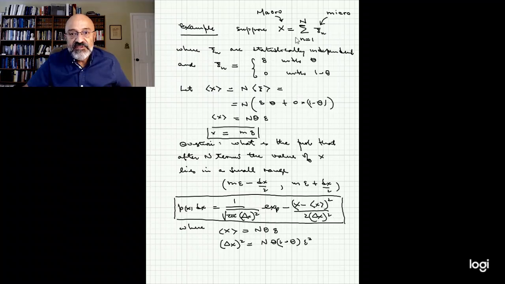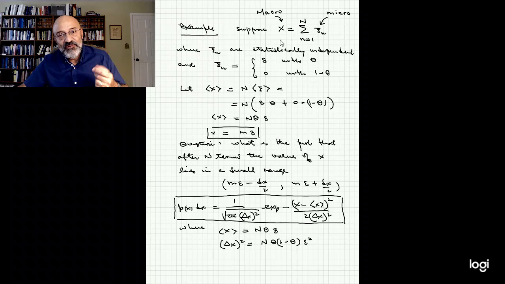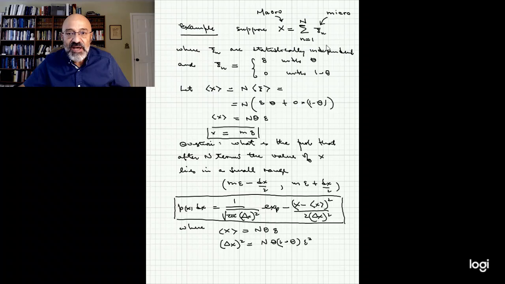It also appears in the classical limit of quantum mechanics. If you're asking for the probability distribution for the center of mass, then you have to add over all the atoms in the system. Again, you get distributions of this type. It appears everywhere.